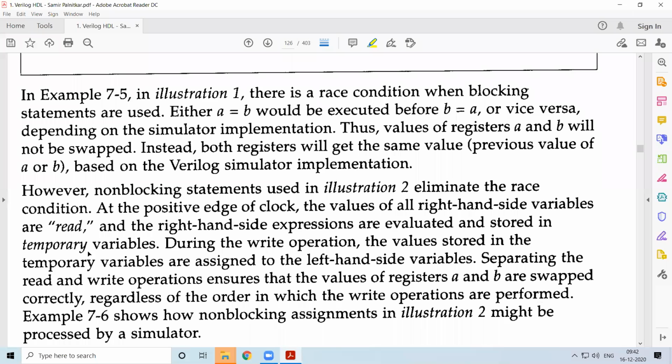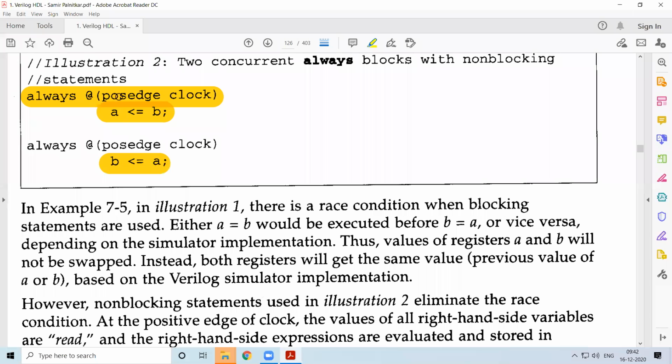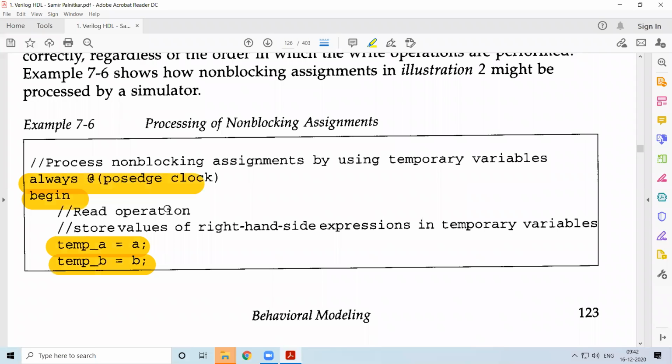Here, since these are blocking assignments, this is actually how it appears. This is the explanation of how this is achieved when you go ahead with the blocking assignments. Temporary A stores the value of A, temporary B stores the value of B. This statement will be executed after this one is executed, but all will be starting at time t equal to 0 with a slight delta amount of time.